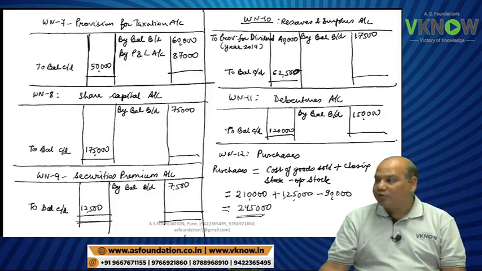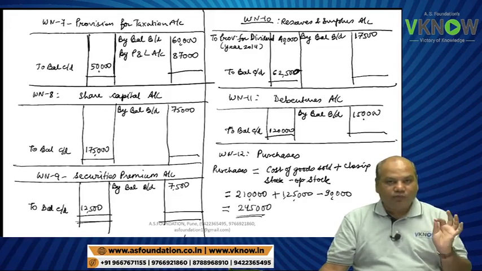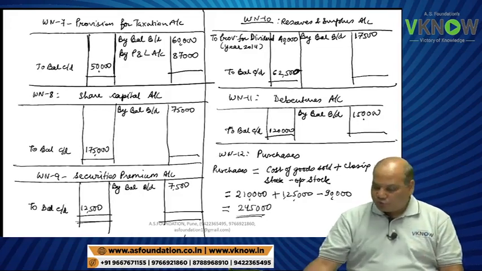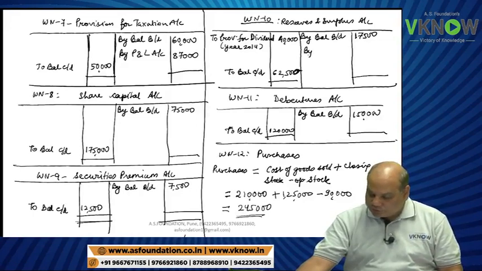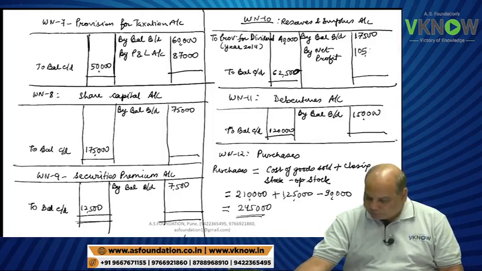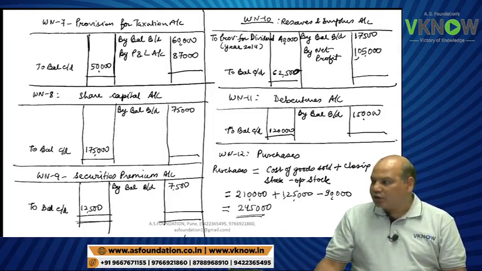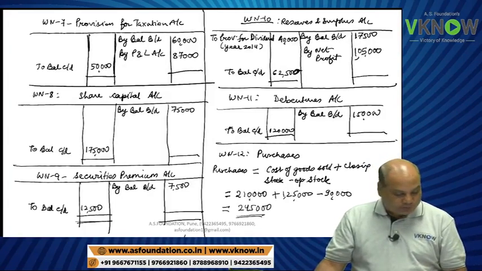Where will you transfer net profit 1,05,000? So you will say reserve and surplus account credit side by net profit 1,05,000. So that is the current year profit. It got added to reserve and surplus.